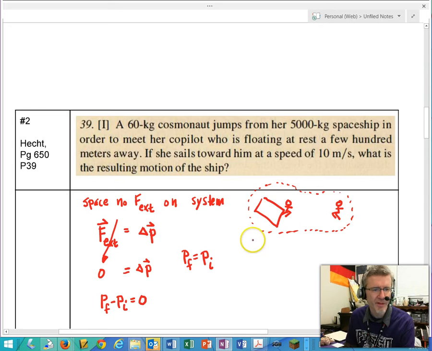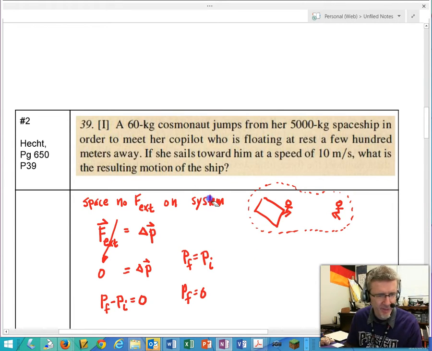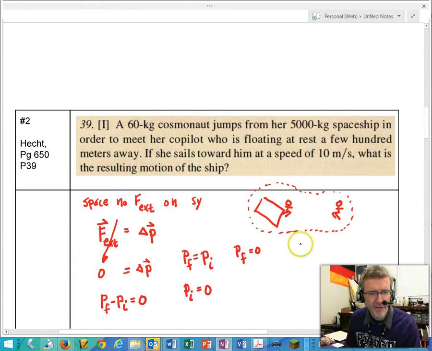Okay, so we can do this. The initial momentum of the whole system is 0 because nobody's moving initially, which means the final momentum is 0. So this is the before picture.